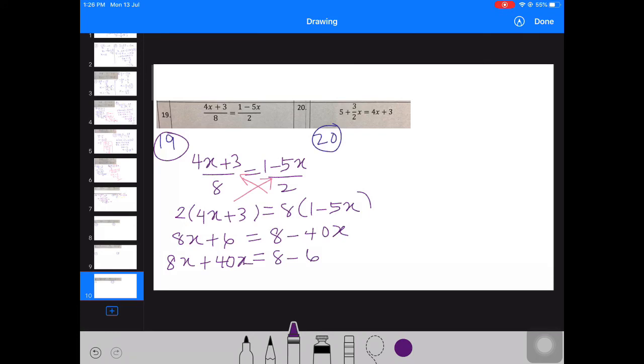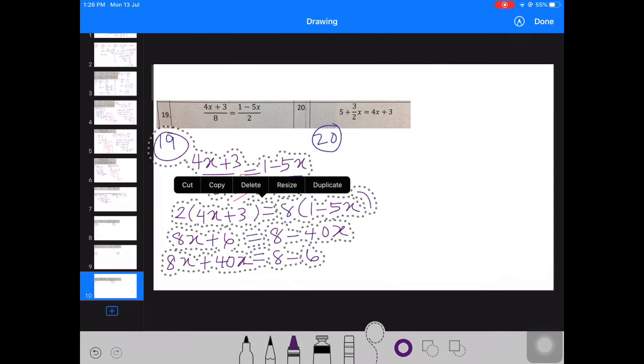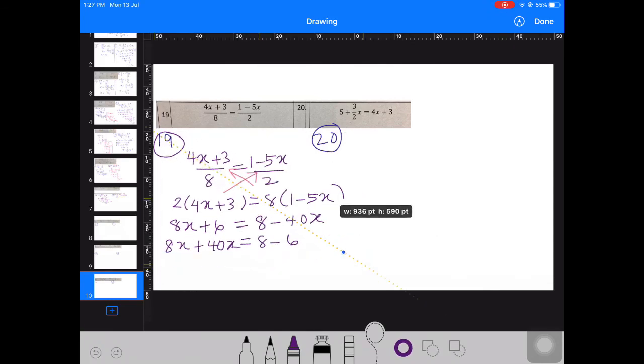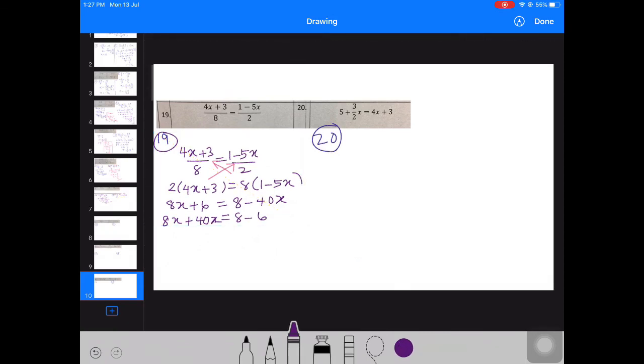So let's reduce the size. Okay, so 48x equals to 2, therefore x equals to 2 over 48, or 1 over 24.